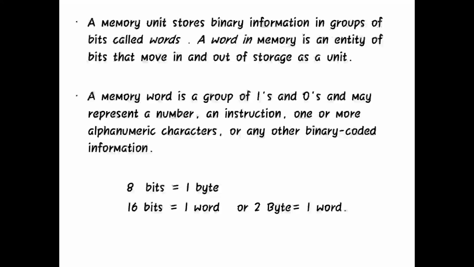Alphanumeric means alphabets and numbers combined together, alphanumeric characters, or any other binary coded information. So this word in our memory location can represent a number, an alphabet, or be alphanumeric. Here, 8 bits is equal to 1 byte, and 16 bits is equal to 1 word, or 2 bytes is equal to 1 word. Both are one and the same.